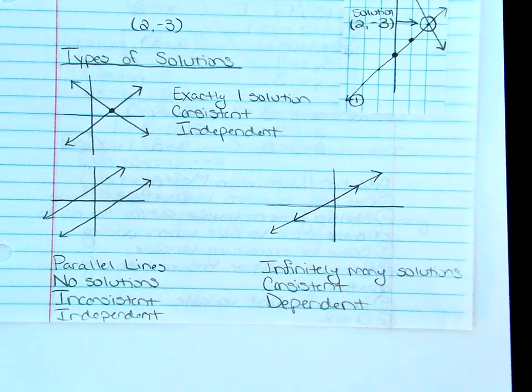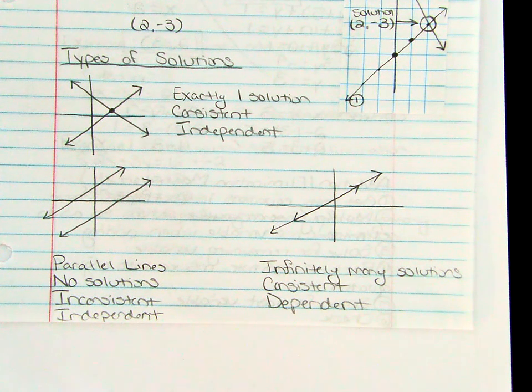The last one is known as a dependent system. I don't know why I wrote consistent again, but it's a dependent system. This is where your lines actually lie directly on top of each other.